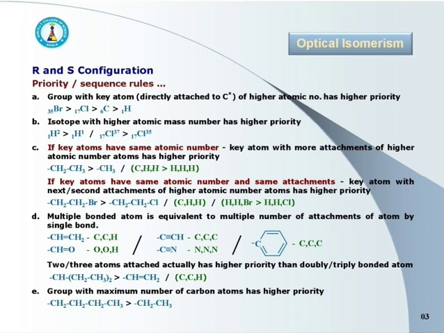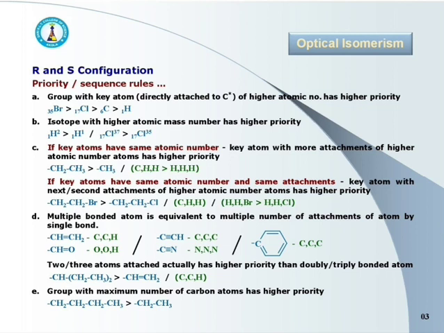Here one ring carbon is singly bonded to the key carbon, whereas other ring carbon is doubly bonded to the key carbon, and that's why the attachments are C, C, C. Here we have to remember that 2 or 3 atoms attach actually to another atom has higher priority than that of doubly or triply bonded atoms.